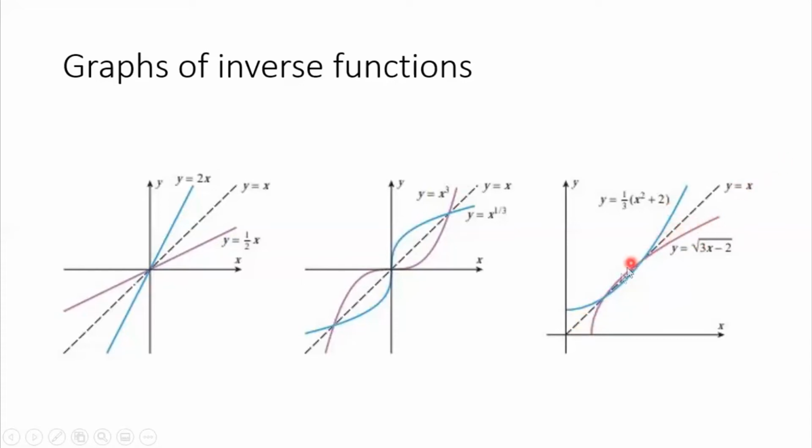So if this is the graph of y is equal to square root of 3x minus 2, you just make a graph that is a reflection of this graph about y is equal to x. So you graph this one like this and make a reflection graph with respect to y is equal to x.